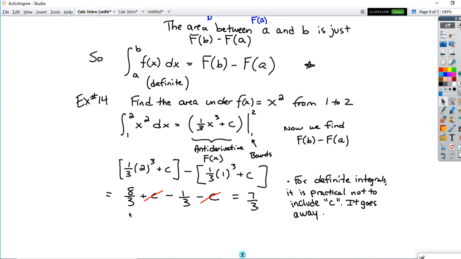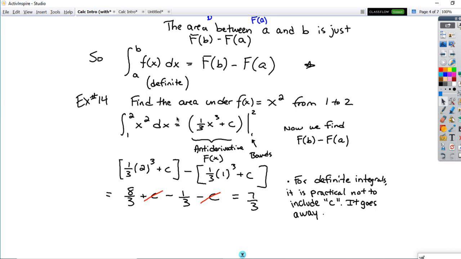So you can see here that if I substitute it in, because I'm subtracting and I distribute the negative, on the left here I have a plus c, on the right here I'm going to have a minus c. So the c's cancel. So when you're doing a definite integral and you know the bounds, the plus c doesn't matter.